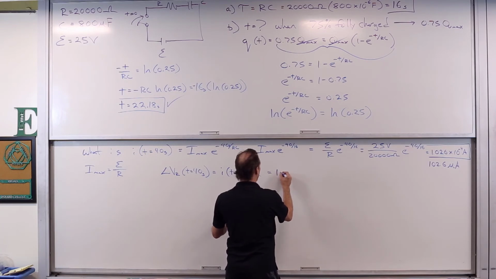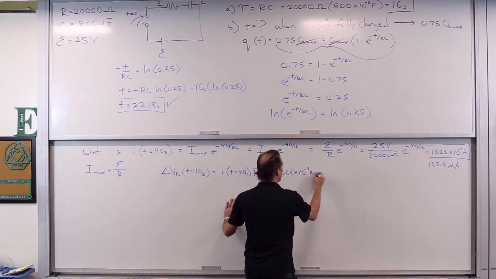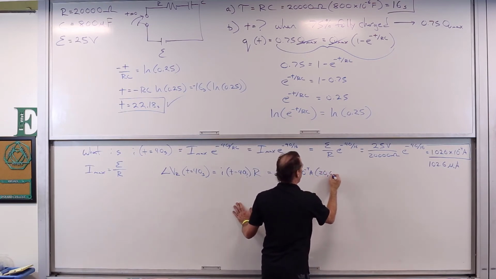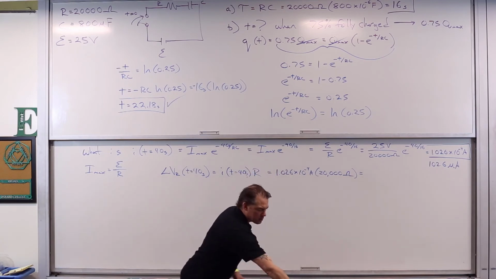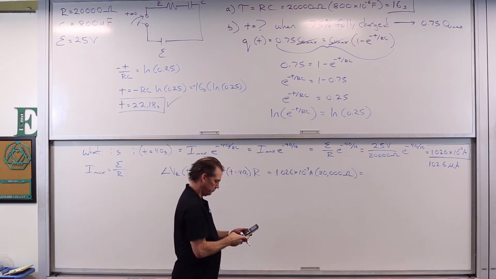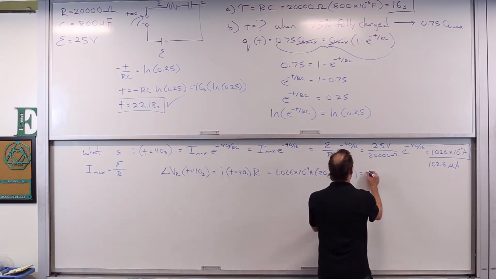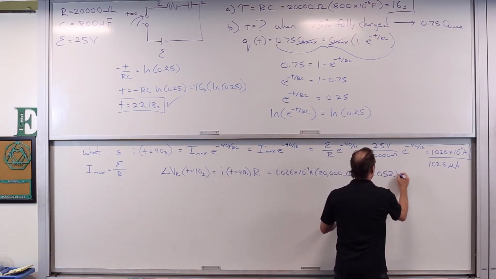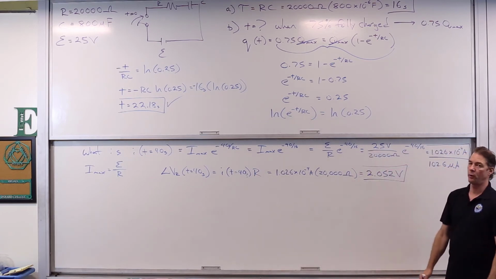We've got 1.026 times 10 to the negative 4 amps multiplied by 20,000 ohms. Gives us the potential difference: 2.052 volts. There's the potential difference across the resistor at t equals 40.